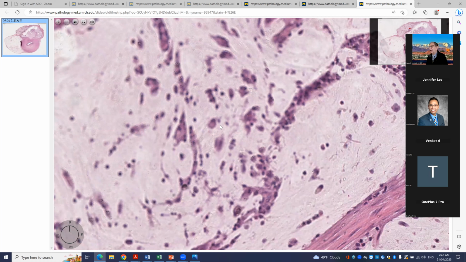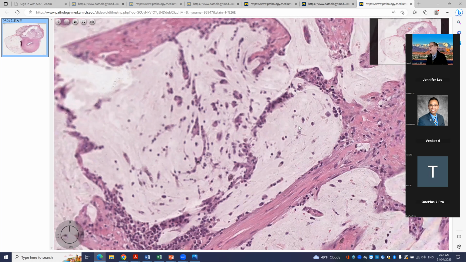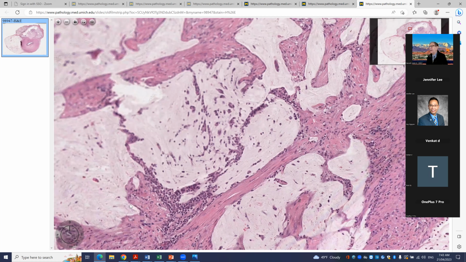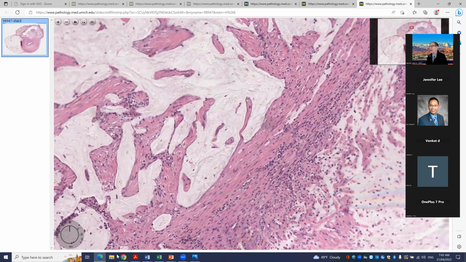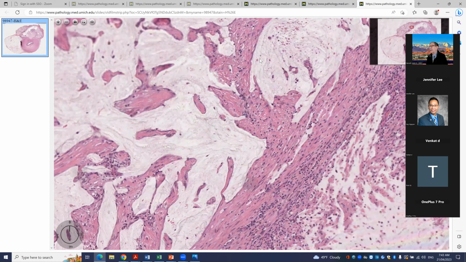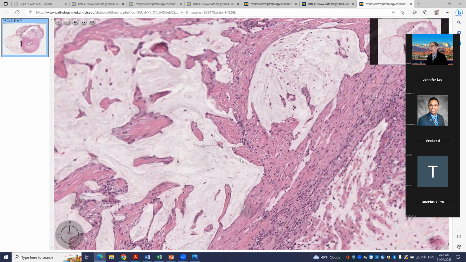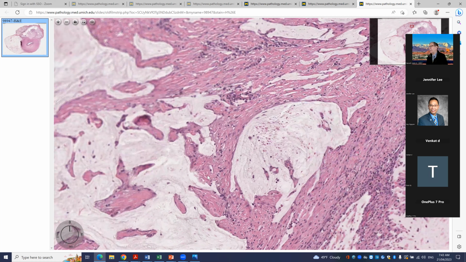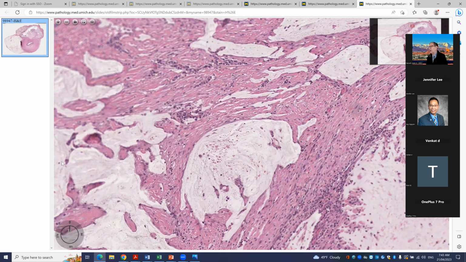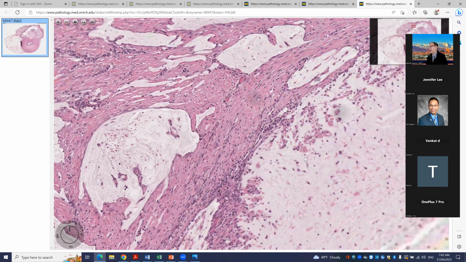The warning being, of course, that sometimes macrophages can take up keratin filaments and therefore stain positively. So you have to be very careful that you're not over-interpreting cells as epithelial cells when they're really just macrophages that have ingested keratin proteins from another cell of origin.